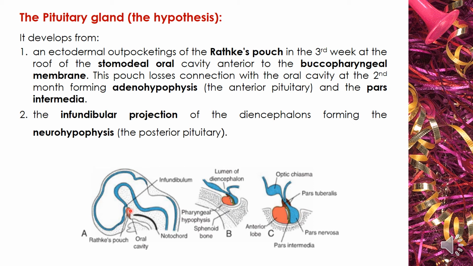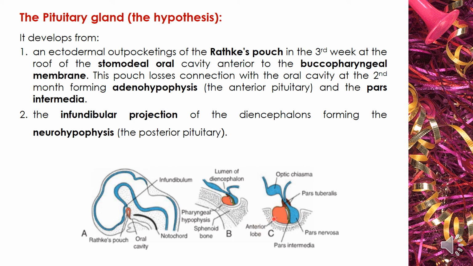This pouch loses its connection with the oral cavity in the second month, forming the adenohypophysis. Rathke's pouch forms the adenohypophysis, the anterior pituitary gland, and the pars intermedia. This is the pituitary gland.